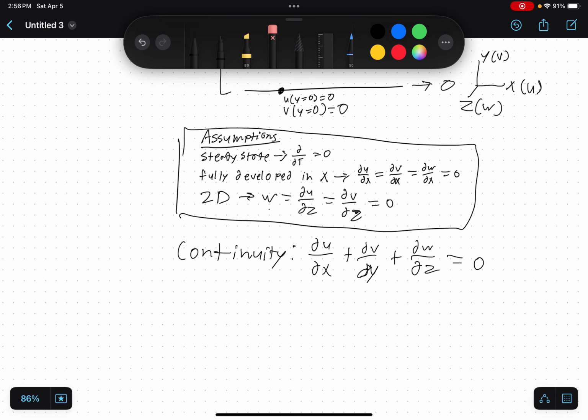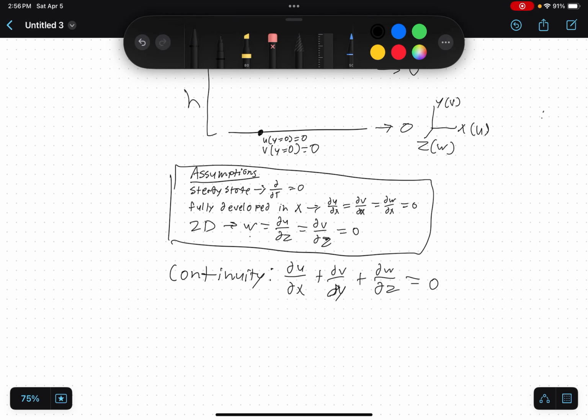So we've assumed W is 0 because it's 2D, so that term goes away. This first term we can also get rid of because we assumed it's fully developed.